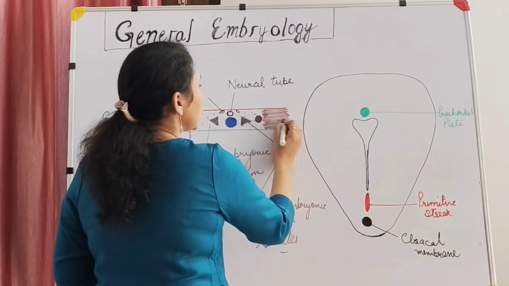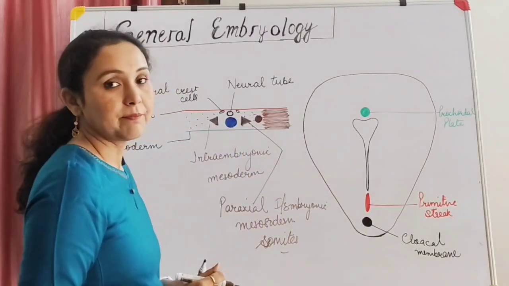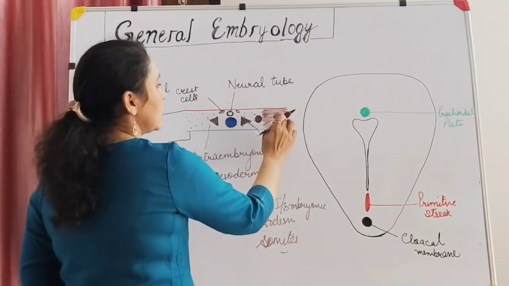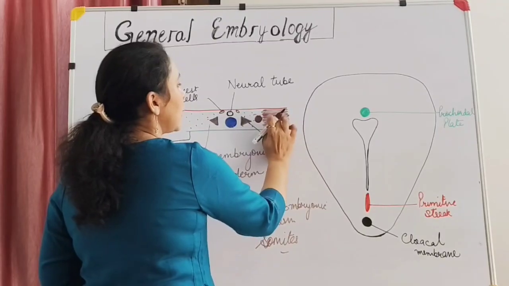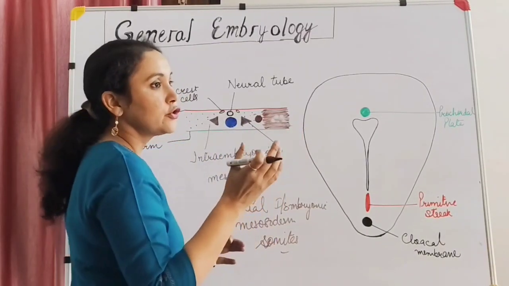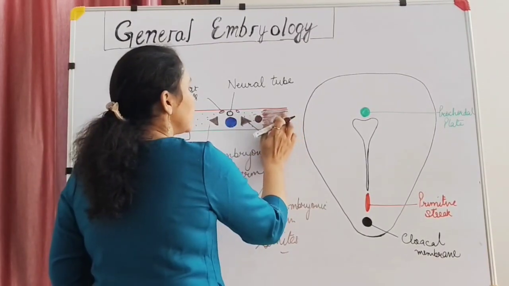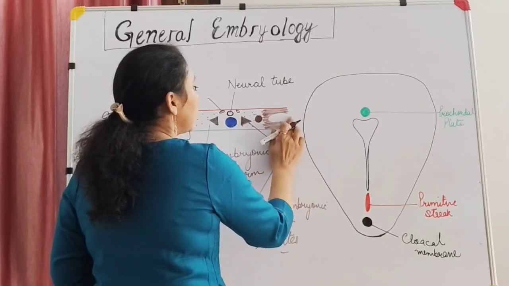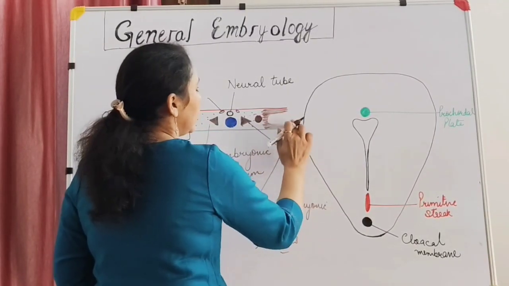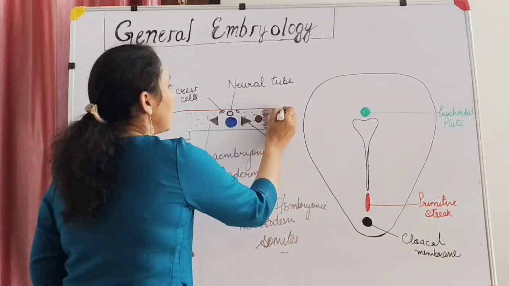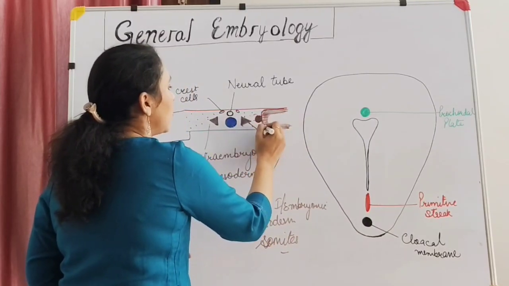So what are the changes that will occur in this lateral plate mesoderm? In the lateral plate mesoderm, few cavities will be formed, and those cavities then will coalesce to form a bigger cavity. So this is the bigger cavity that has formed now, right?